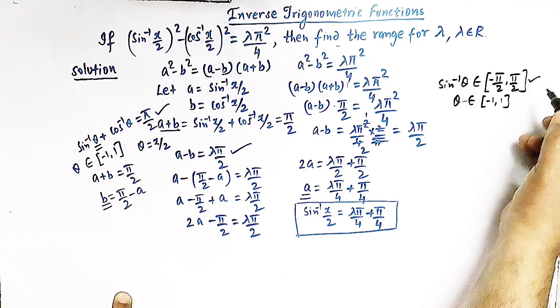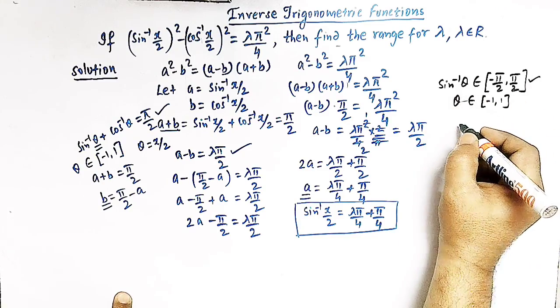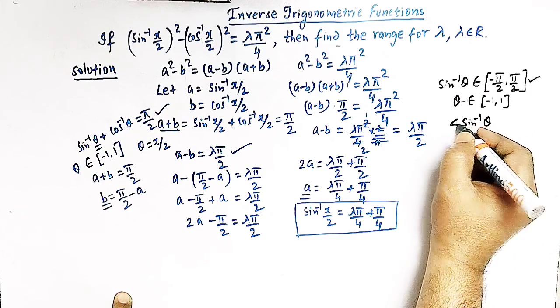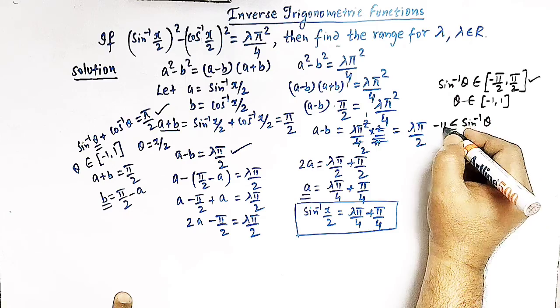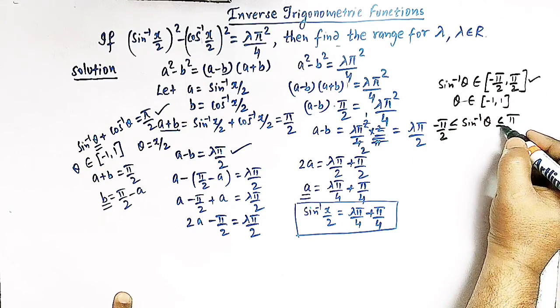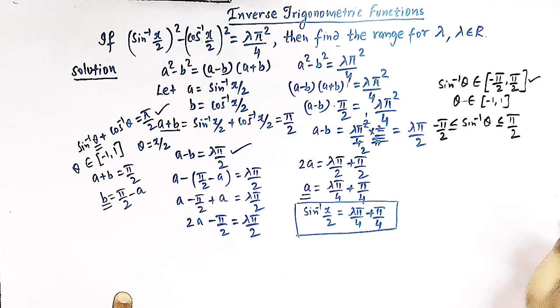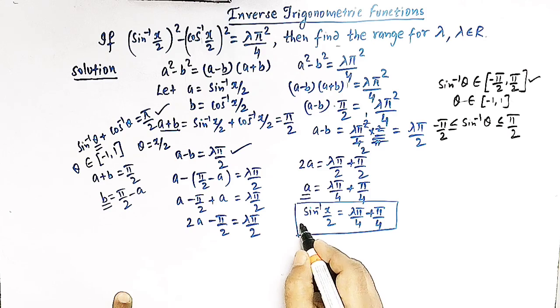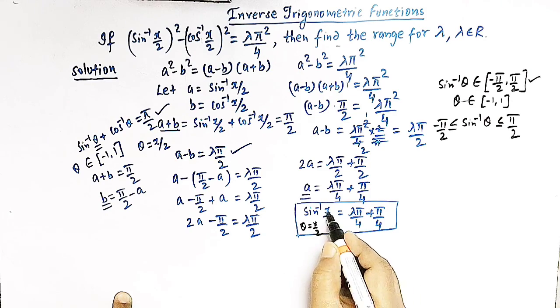So from here we can now frame the inequality, that is sine inverse theta is greater than or equal to minus pi by 2, but it is less than or equal to pi by 2. Now here we have theta is equal to x over 2.